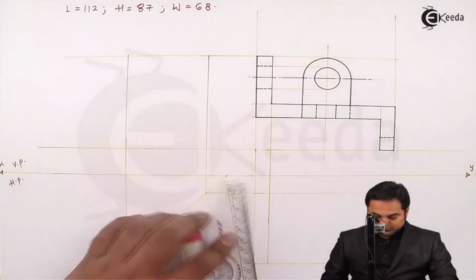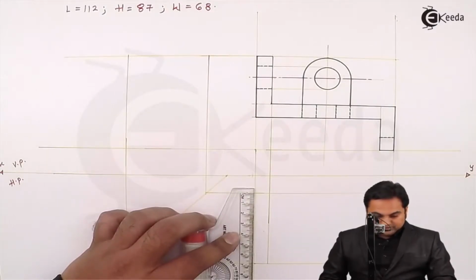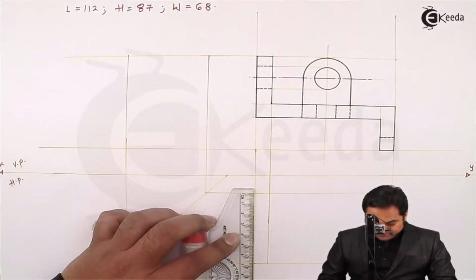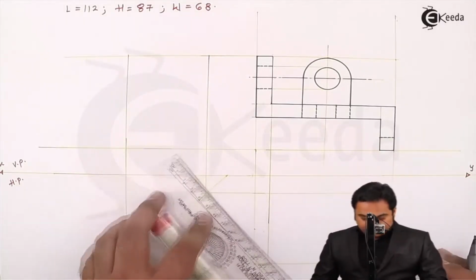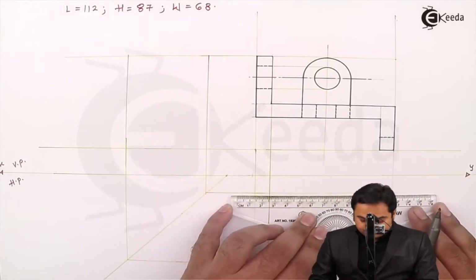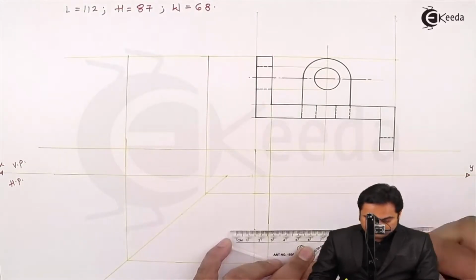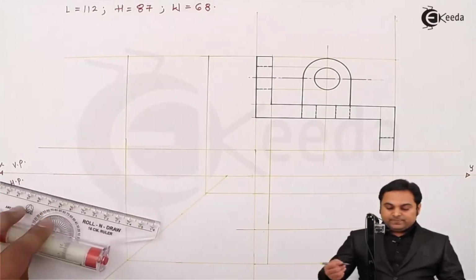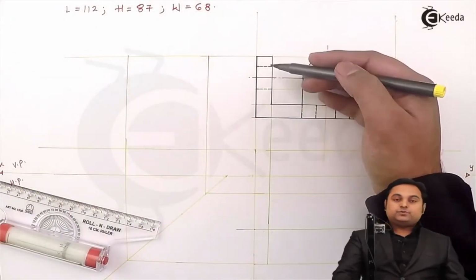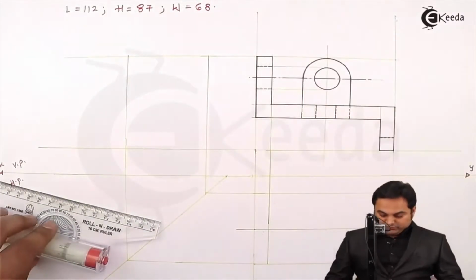So for that purpose, here I am taking the center of this width, which is 68 mm. So half of that, which is 34 mm, projecting a light line. Now here, as explained, the width of this portion corresponds to the diameter, which is 40 mm.